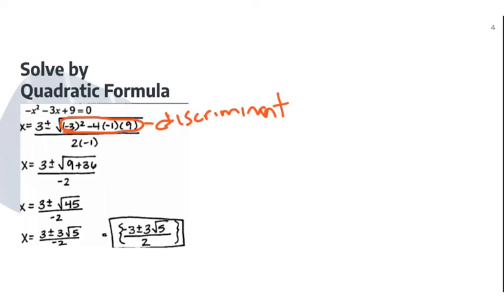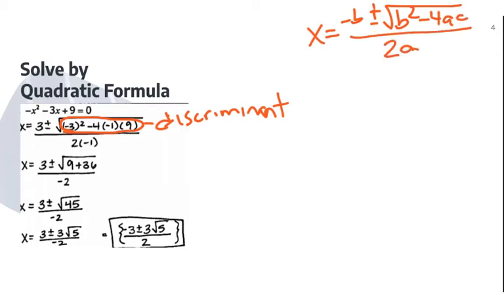Okay, so the quadratic formula is negative b plus or minus the square root of b squared minus 4ac, divided by 2a. Remember, the discriminant is just this part, the b squared minus 4ac. So in this particular problem, the discriminant is 45.